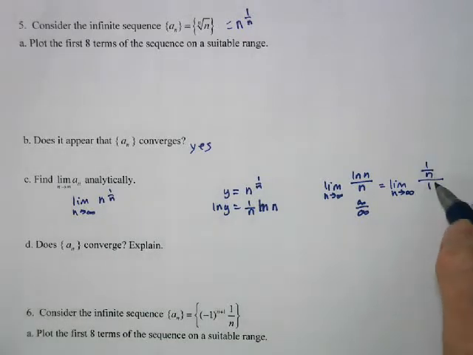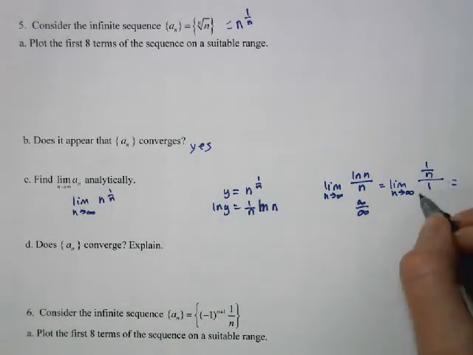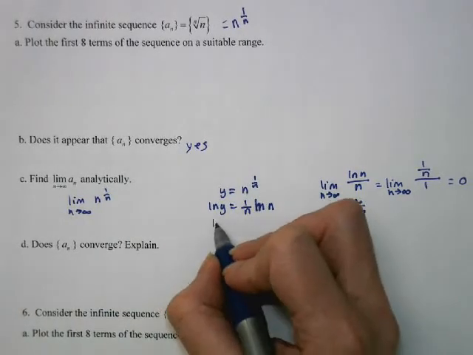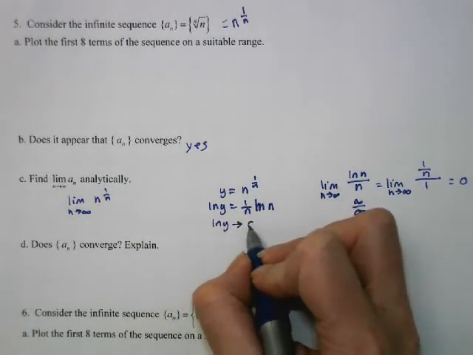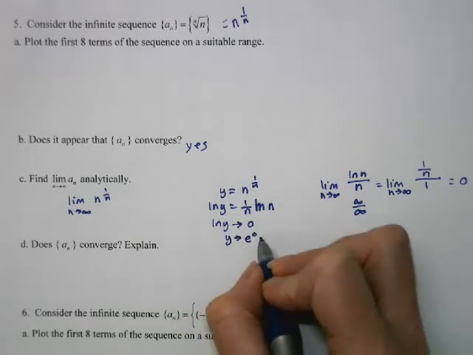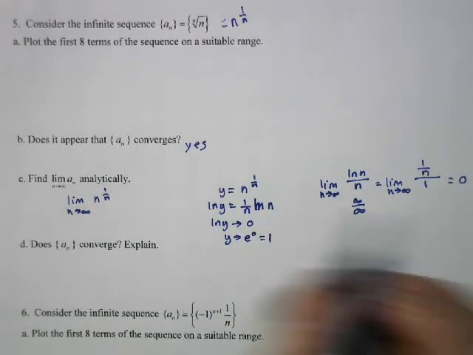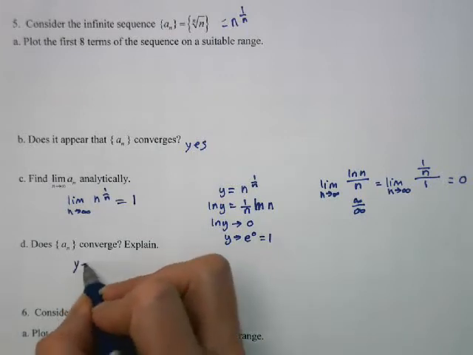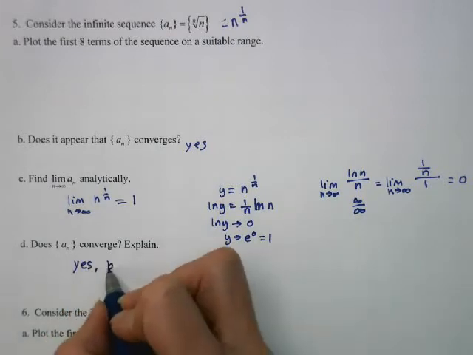So that's just going to be the limit as 1 over n goes to infinity, which is 0. So the natural log of y goes to 0, which means y is going to go to e to the 0, which is 1. So this limit is 1, which we saw graphically. So does it converge? Yes, because there's a limit.